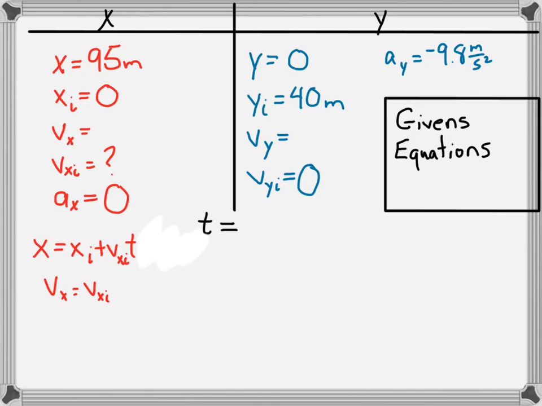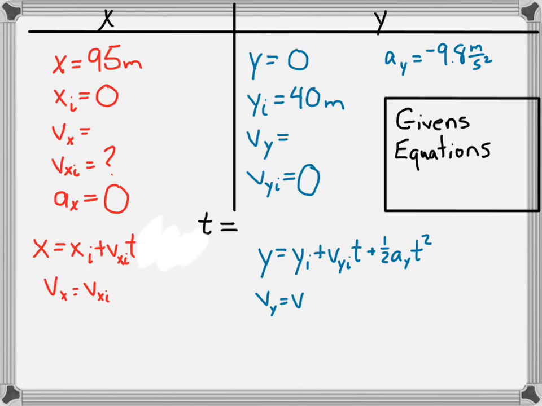Okay, now let's write down the same kinematic equations in the y direction. There's our kinematic equation for displacement, the one that we just did, except now we're replacing x with y's. The same equation, just a different direction. Then we have two more equations.